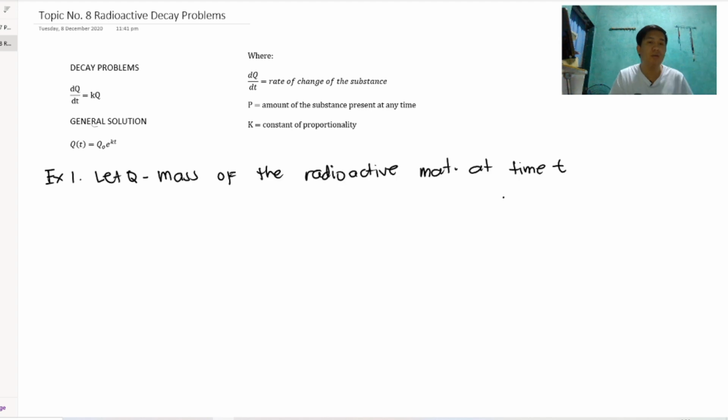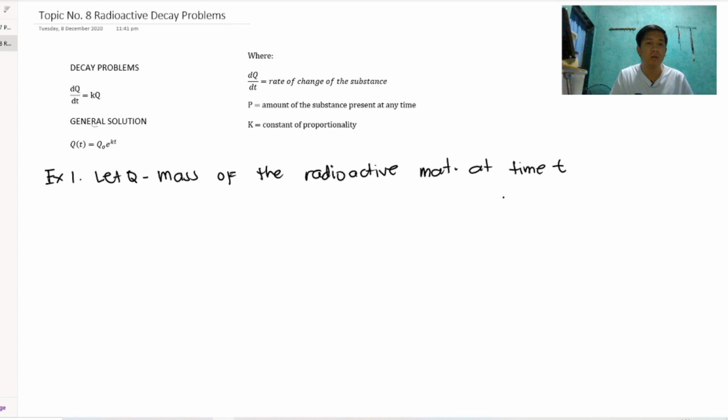So, the problem says a radioactive material decays at a rate proportional to its amount. So, the initial value here is when T is equal to 0, Q is equal to Q sub O. Okay? It depends on the conditions given in the equation.